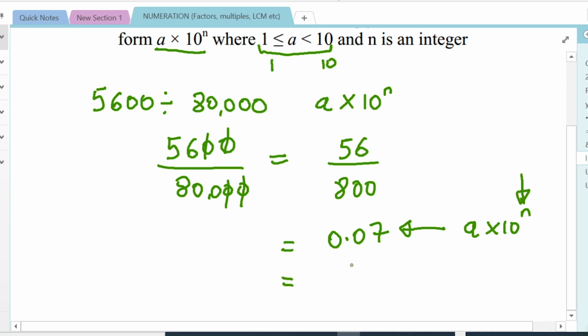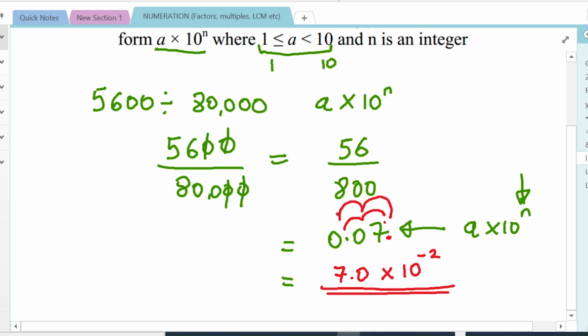So that is going to become, of course, this means that this decimal point is supposed to move 2 steps ahead. So that means it's going to become 7.0 times 10 to the power negative 2. In other words, this decimal point here should move 2 steps in the reverse direction to get back to where it was gotten from.